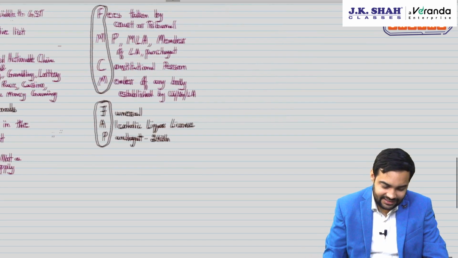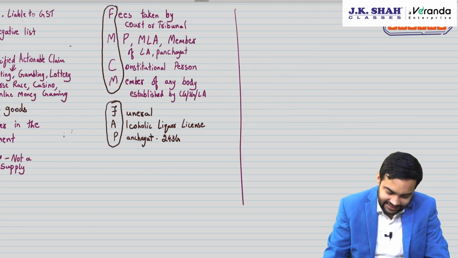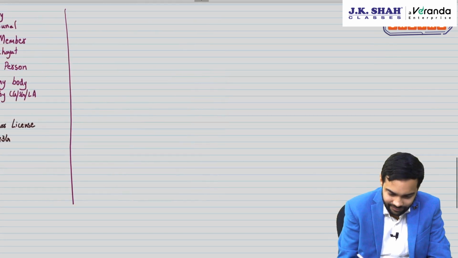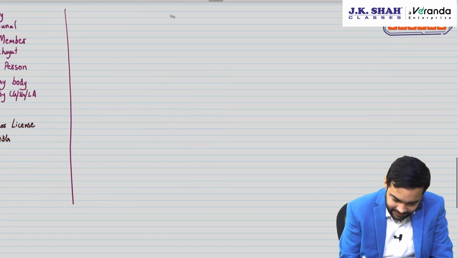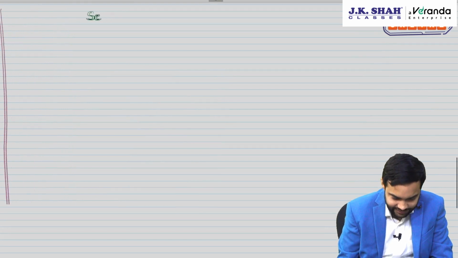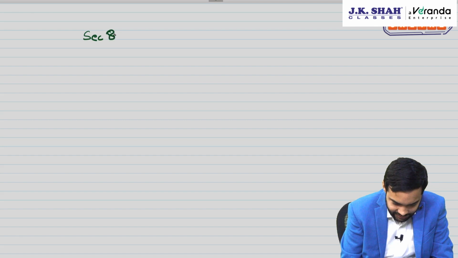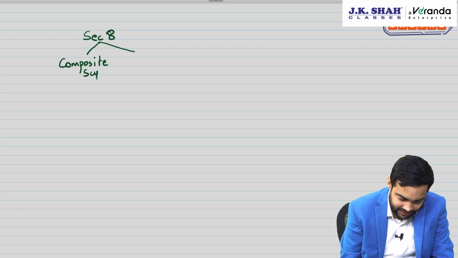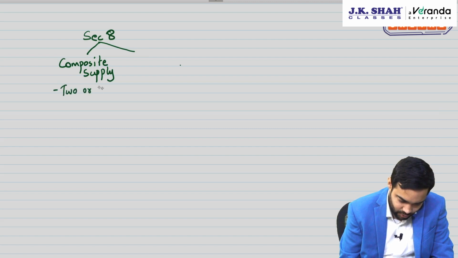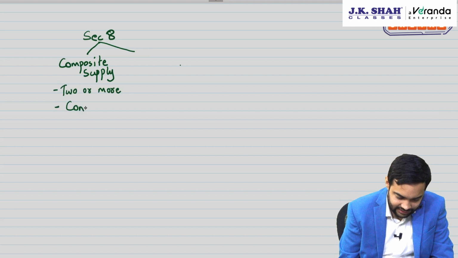The last discussion in this is section 8, which deals with composite supply and mixed supply. Now, when can you call something as a composite supply? There are 4 conditions. 2 or more goods or services being supplied in conjunction.